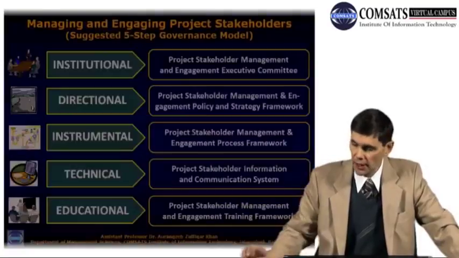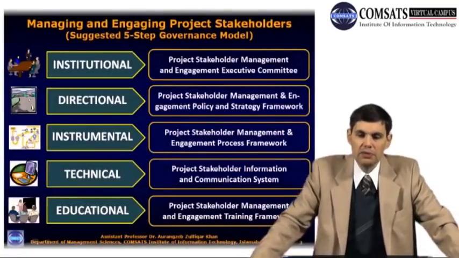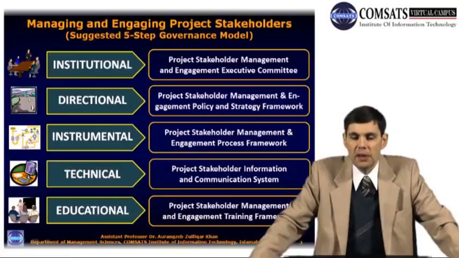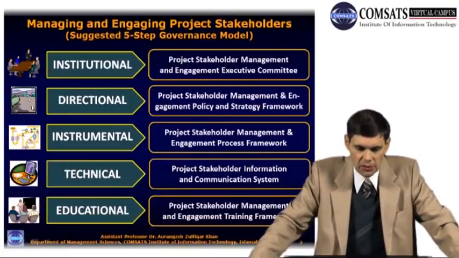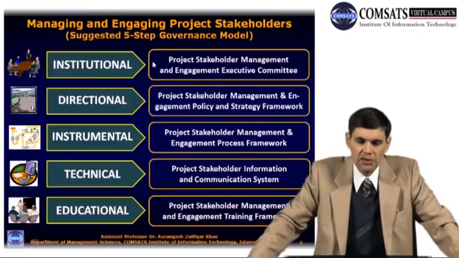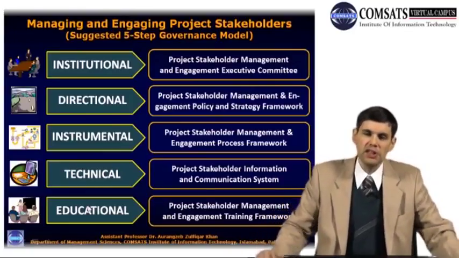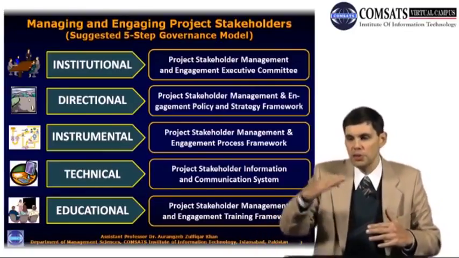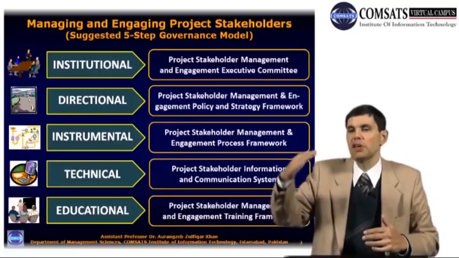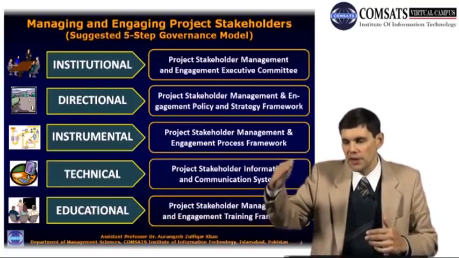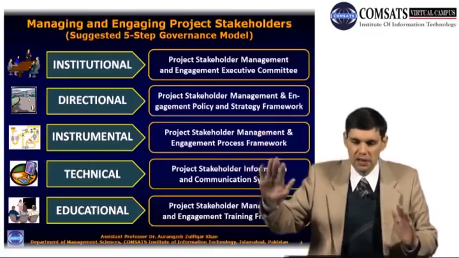So, moving on now, I would like to introduce to you the 5-step governance model for managing and engaging project stakeholders, which I've developed. This 5-step governance model consists of 5 components, 5 different steps. They are not to be seen in the sense that you do one step and then you do the next step. It's not like that.